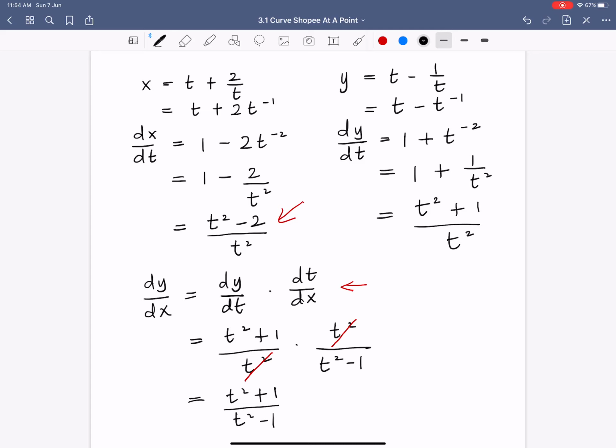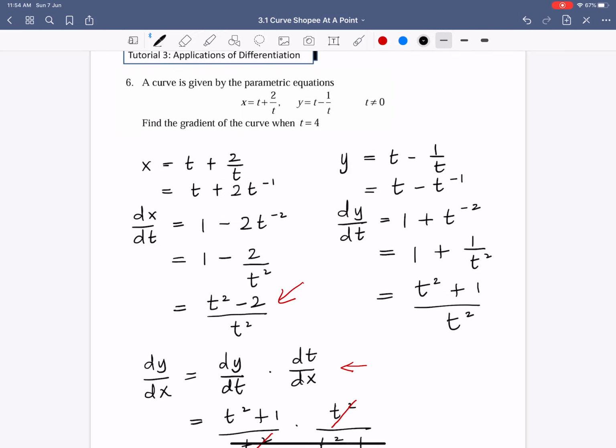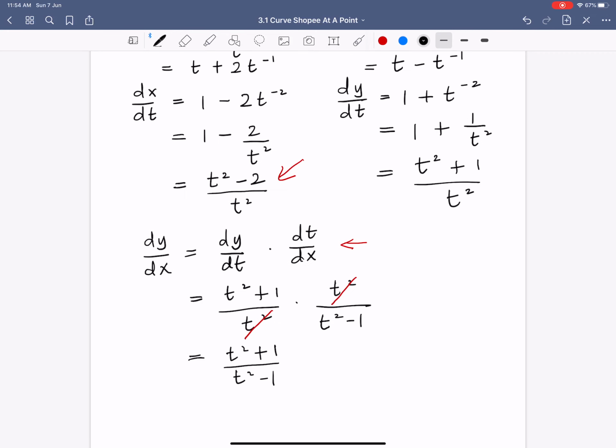So we need to find a specific value for dy dx, and in the question it is given that we need to find the gradient, where the gradient is dy dx when t equals 4. So we will substitute t equals 4. So 4 square plus 1 over 4 square minus 1.